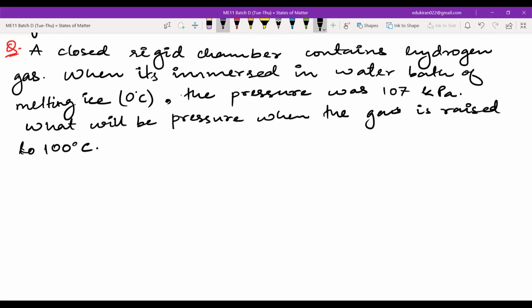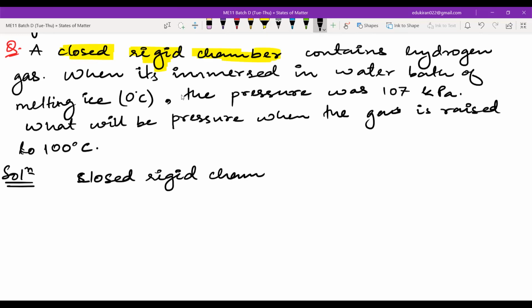Okay. So one thing that I would like to emphasize here is this statement: closed rigid chamber. It has two adjectives: closed and rigid. This closed means neither the gas can come in, nor can something go out.